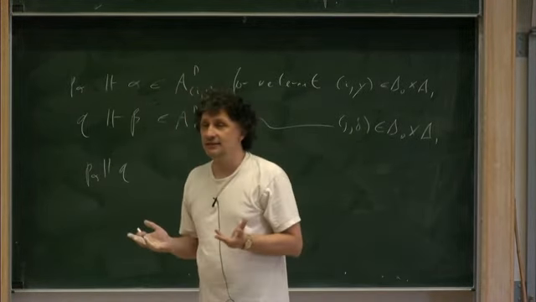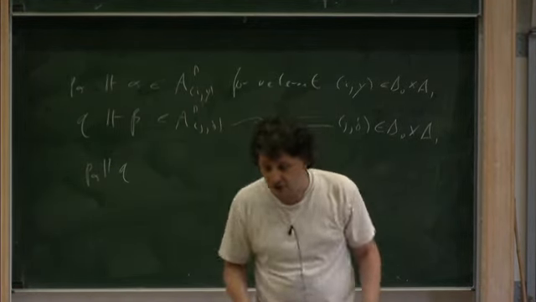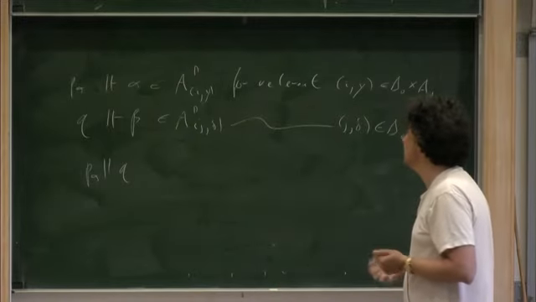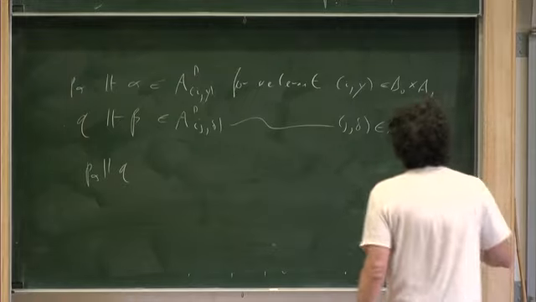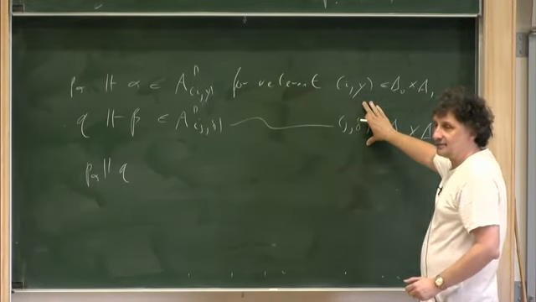We want to extend the union of P alpha and Q to some R, which takes care of the other coordinates, the coordinates which lie outside.